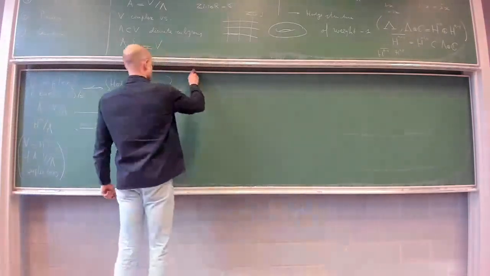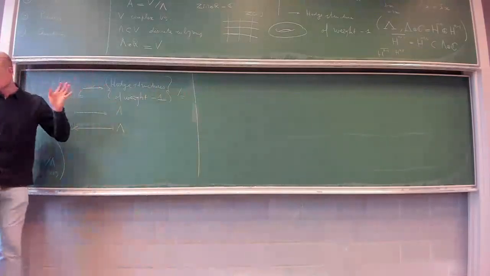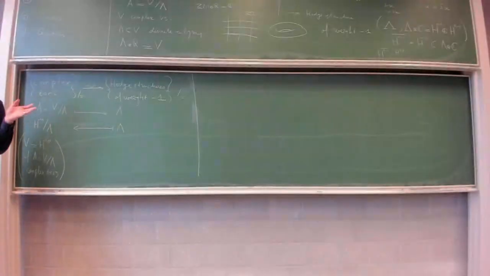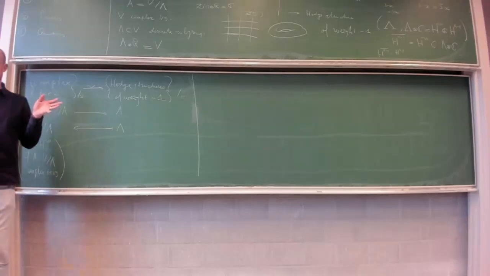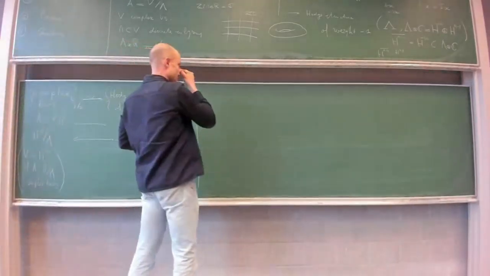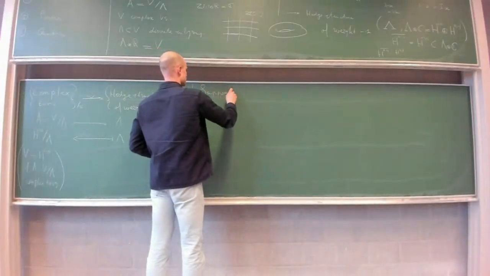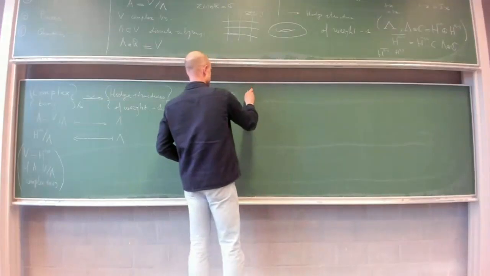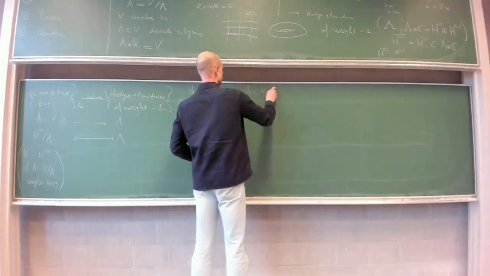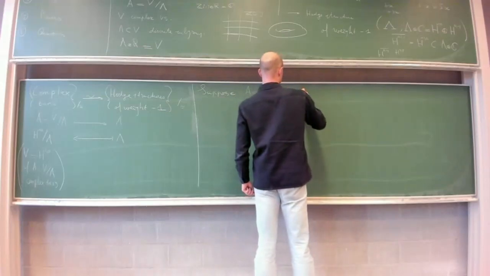Okay, but these are analytic objects and they're not all algebraic, and we only want to consider those which are algebraic. So what do we say? We say, okay, suppose that our complex torus A is projective.